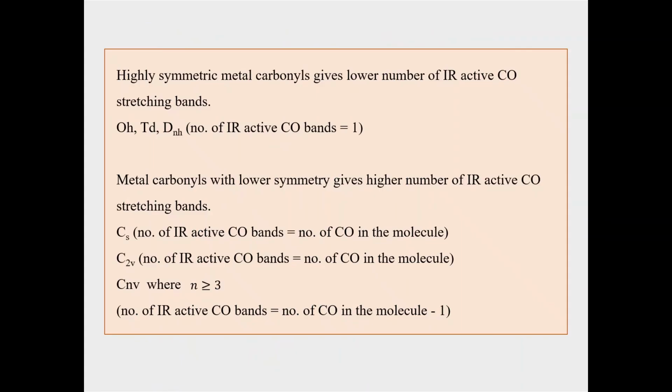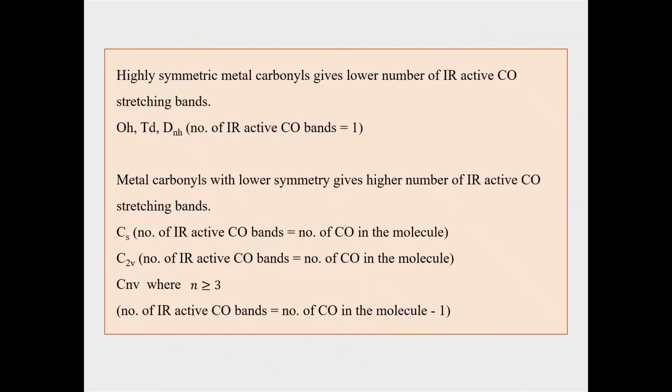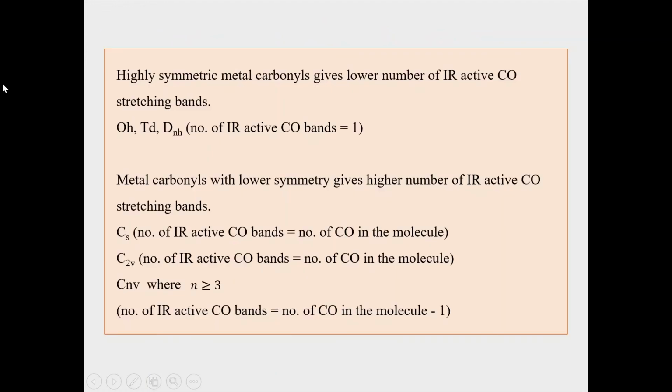Now since this is a long process to do, there is also a trick by which we can easily remember the total number of IR active carbonyl stretching bands for metal carbonyls. So this is the trick. For highly symmetric metal carbonyls, we get a lower number of IR active carbonyl stretching bands. What are highly symmetric metal carbonyls?